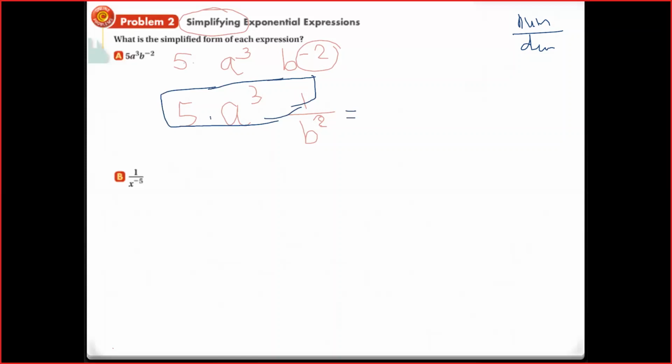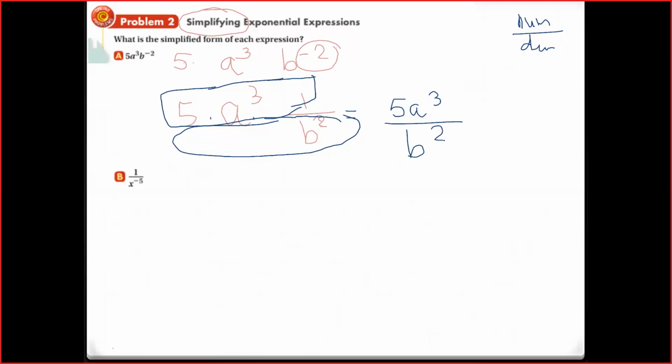So 5 multiplied by a cubed is 5a cubed. Look down here. What did we have in the denominator? b squared. So it's going to be written like 5a cubed over b squared.